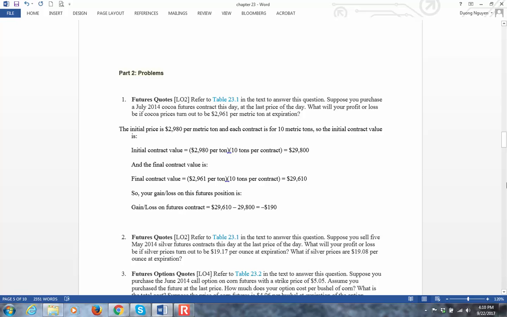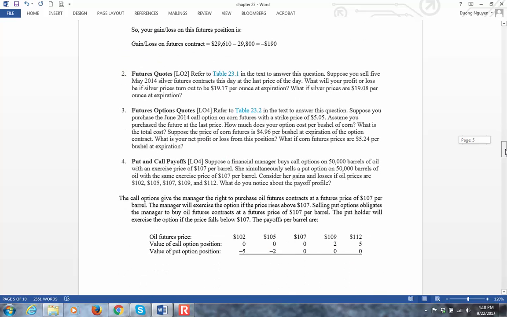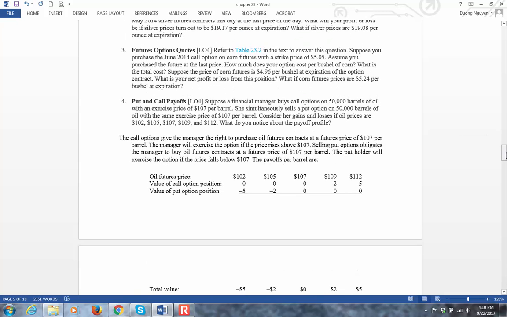Alright, questions 2 and 3 are very similar, so I'm going to go to question number 4. Suppose a financial manager buys a call option on 50,000 barrels of oil with an exercise price of 107. She at the same time sells a put option on 50,000 barrels with the same strike of 107.